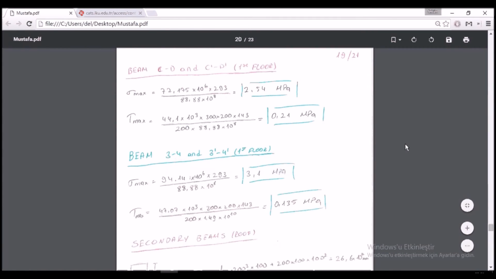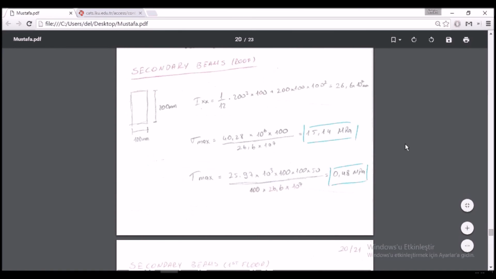Here we made calculations for shear stress and normal stress for our beam CD at first floor. And also we made shear and normal stress calculations for our beam 3, 4 at first floor. As you can see, we calculated normal and shear stresses for our secondary beams at roof.